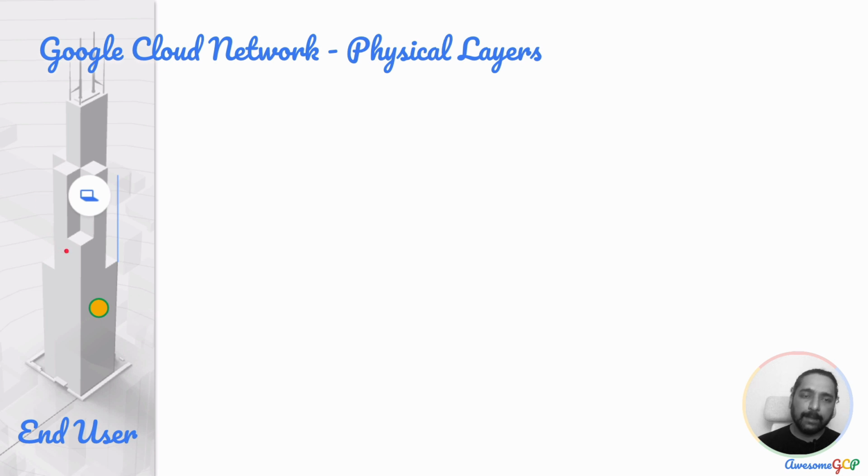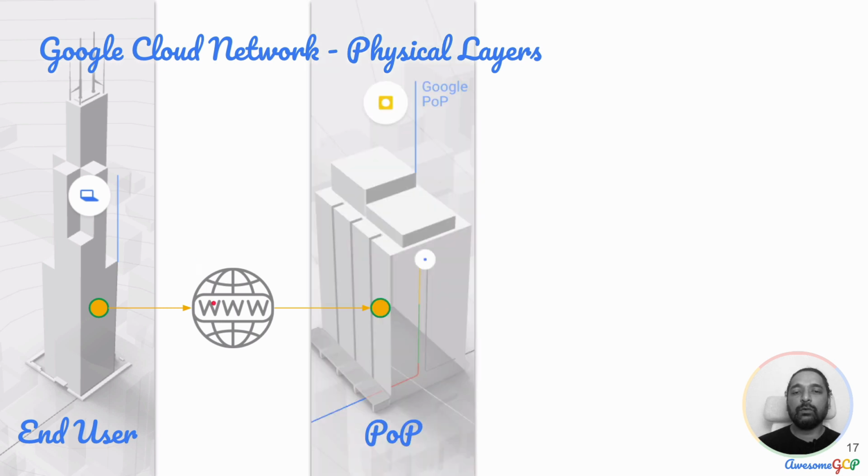Whichever be the case, very often from the end user, it goes to the public internet, and from the public internet, it is going to first touch a point called Google POP, or a point of presence, right? For a lot of services that we use, like Gmail and Google Drive, they have an endpoint that resides on the Google point of presence. So when you're using a Google service, it goes over the internet and connects to the POP.